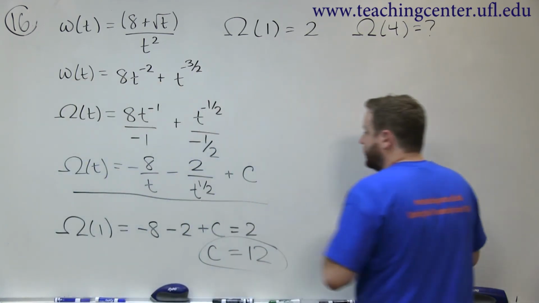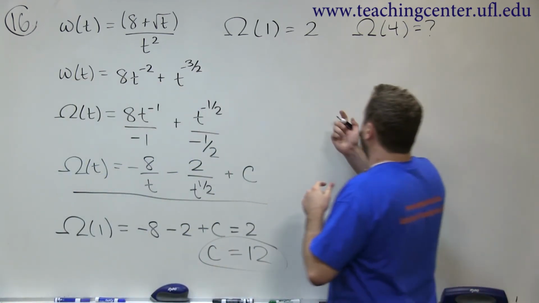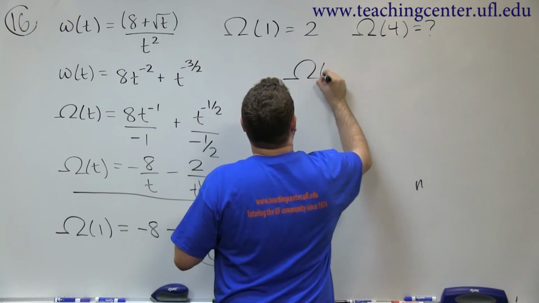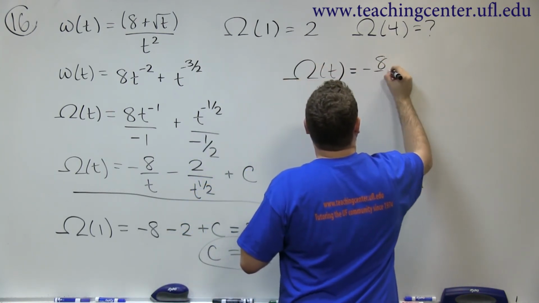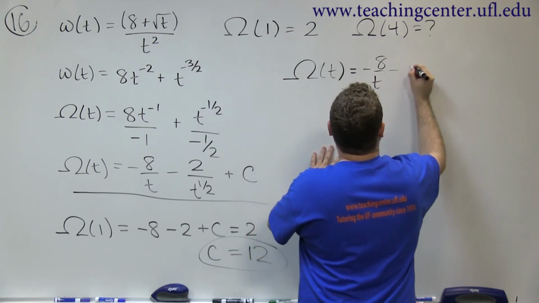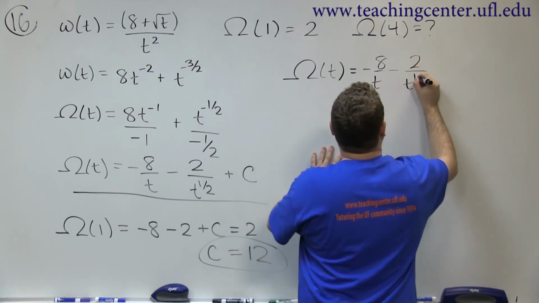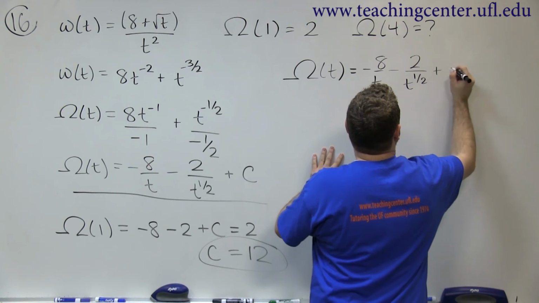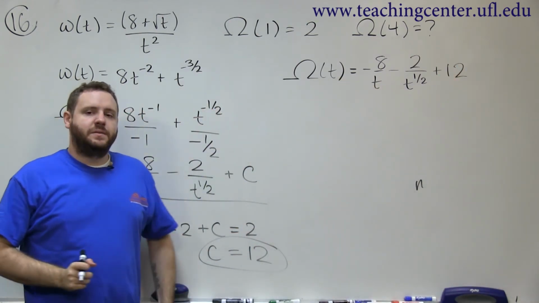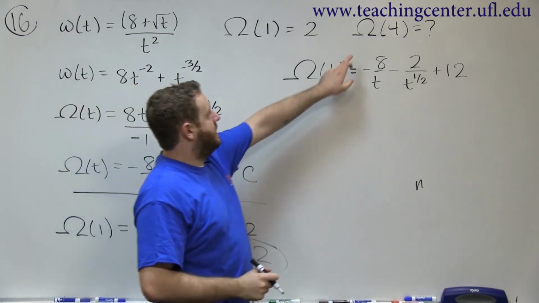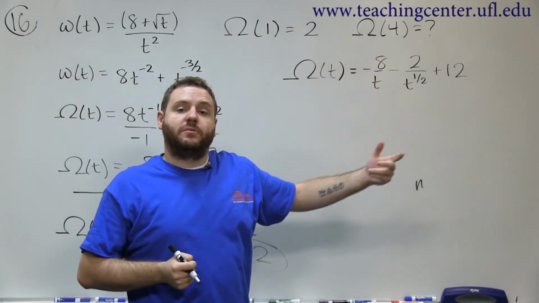Now that we know c equals 12, we know our antiderivative function more precisely: negative 8 over t minus 2 over t to the 1/2 plus 12. Now we know that's our antiderivative function for sure, and therefore we can answer the question, what happens when we plug in 4 for t?